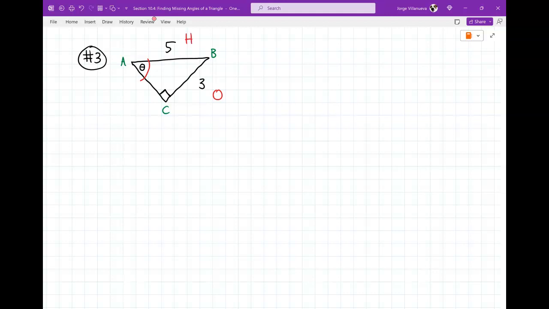So OH, that's sine, right? So sine of theta is equal to opposite over hypotenuse. Sine of theta is 3 over 5. Okay, I want to get theta by itself, so theta equals sine inverse of 3/5.